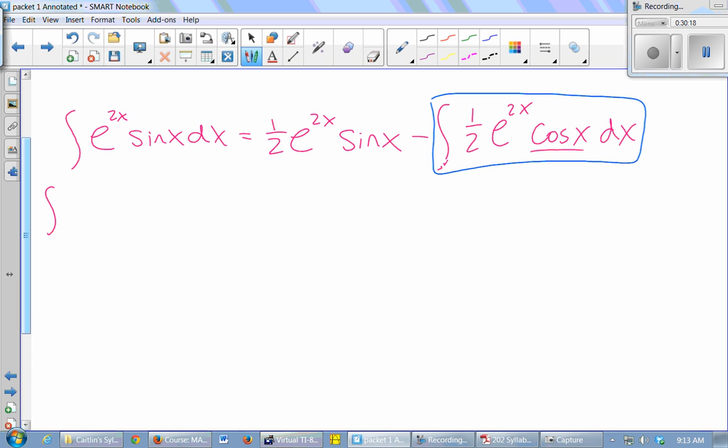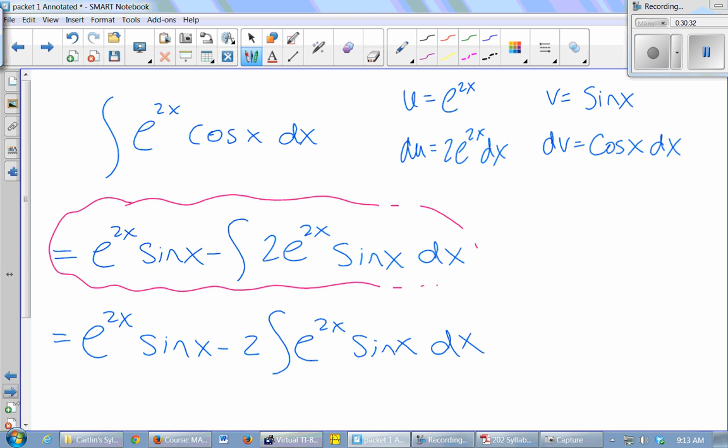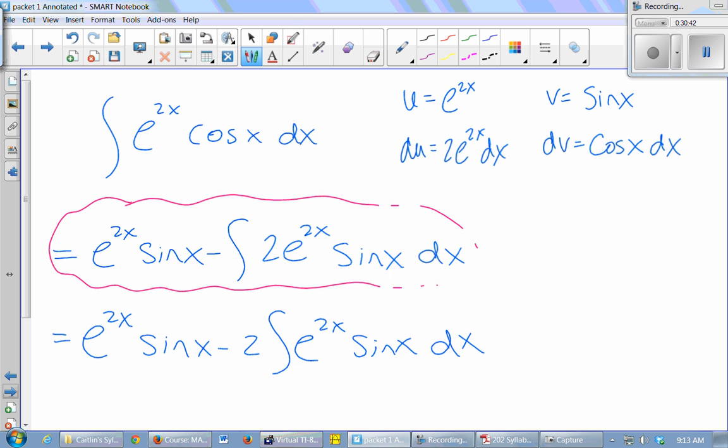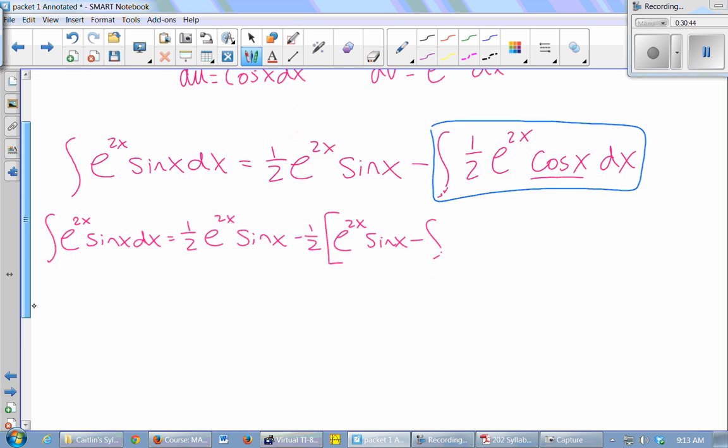So now I'm going to have to write really small here. Okay. E to the 2x sine x minus the integral of 2e to the 2x sine x dx.